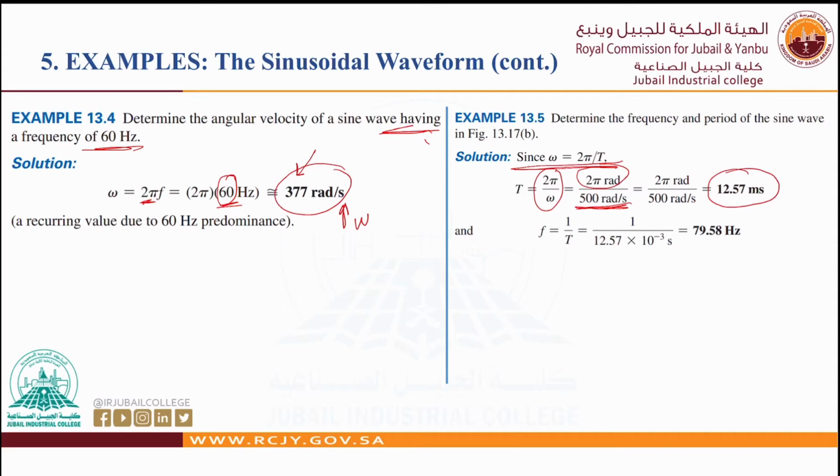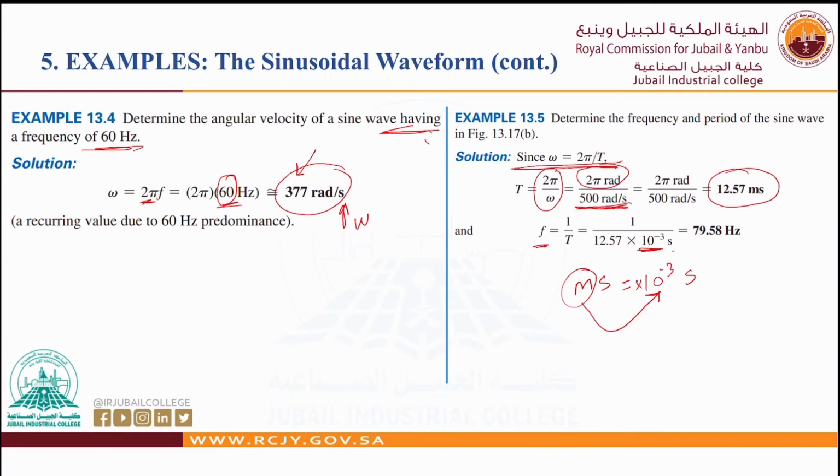Okay, and f is equal to 1 over T, which is 1 over 12.57 milliseconds, guys, because we know that milli is the same as multiplying by 10 to the power minus 3 seconds. So I'm changing this milli to this value.